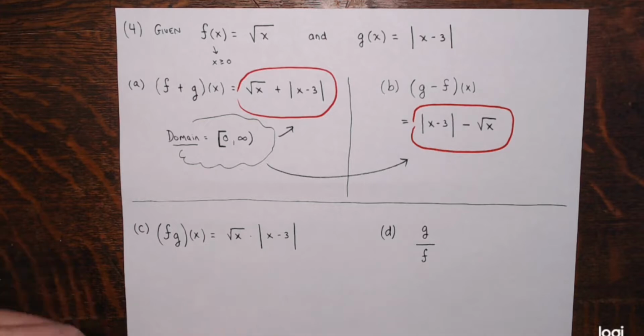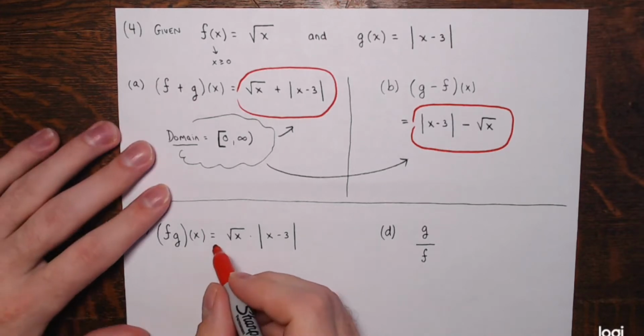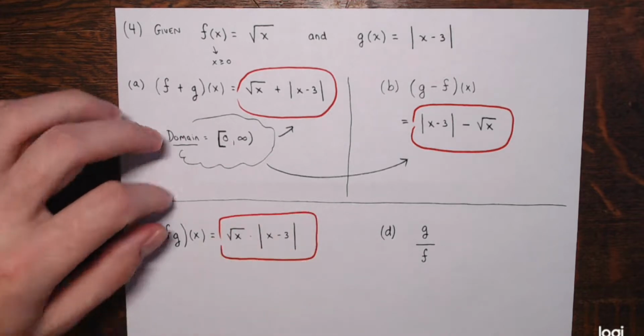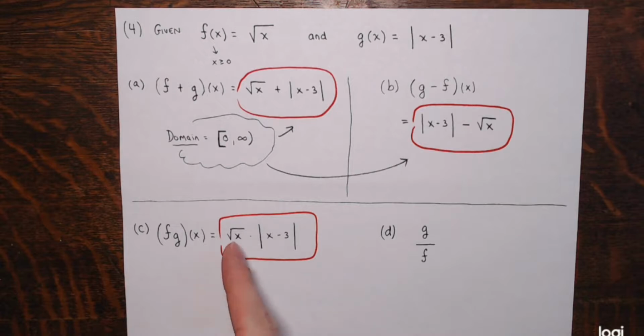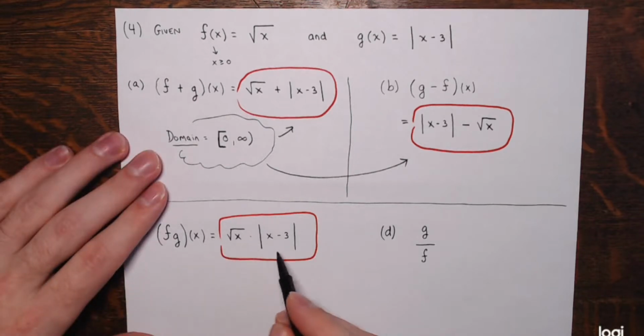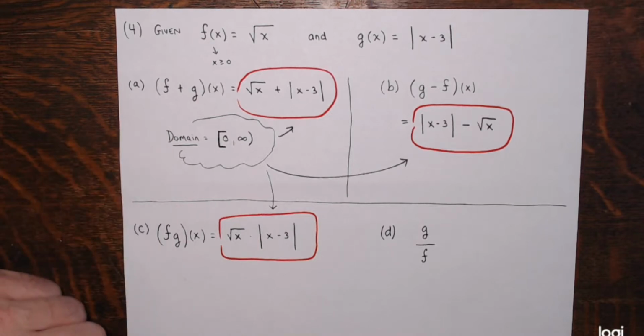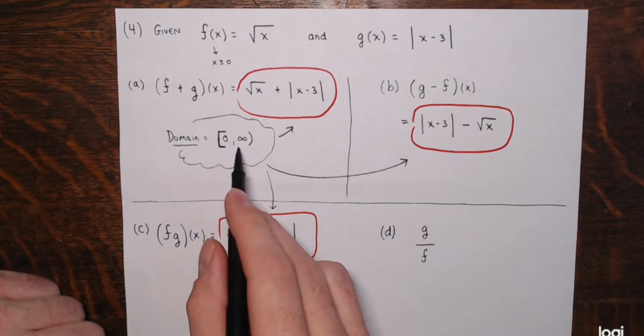Don't distribute over absolute value symbols unless you know you can. So that's it. Very, very simple. And because there's this square root of x in there and there are no denominators, this is the domain again. You can only plug in values of x 0 or greater.